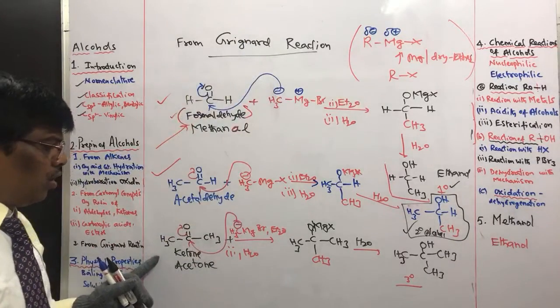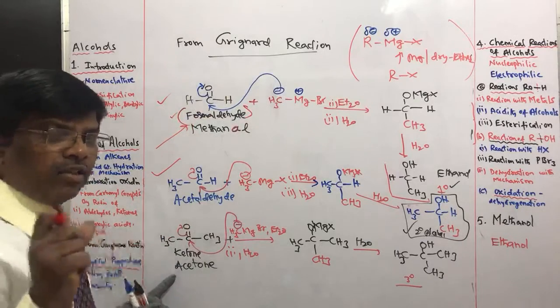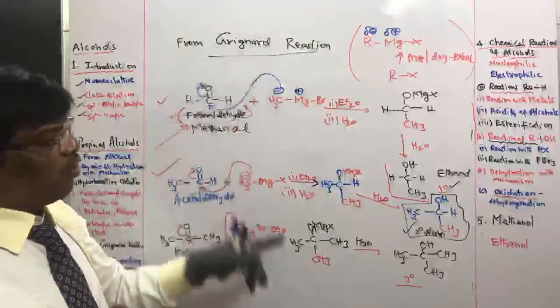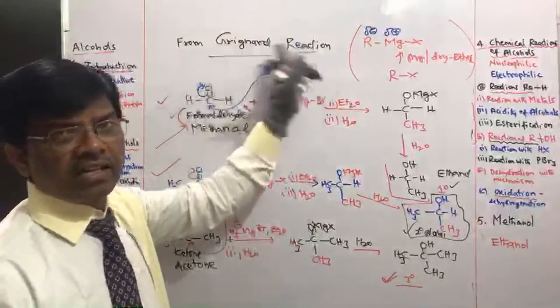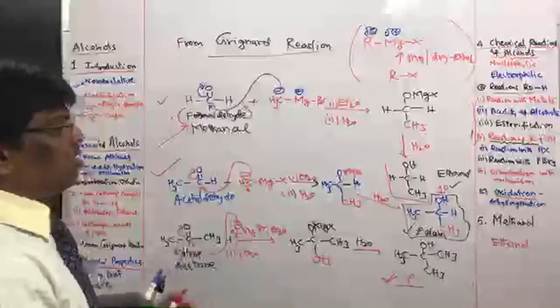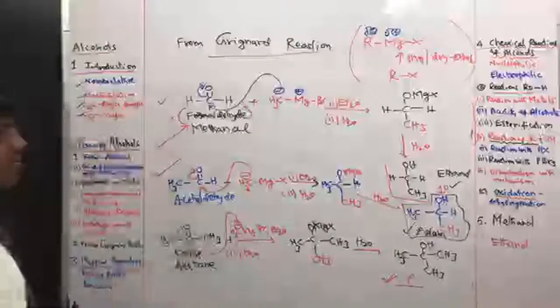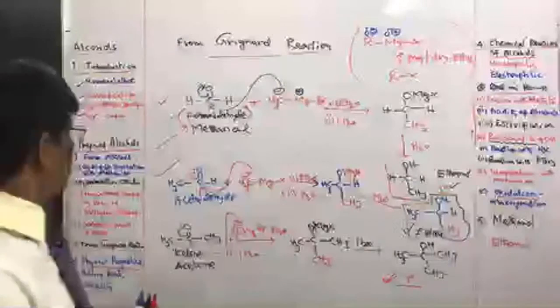And number 2, all ketones are going to give tertiary alcohols in Grignard reaction. Noted. Yes, students. So this is how you can prepare.